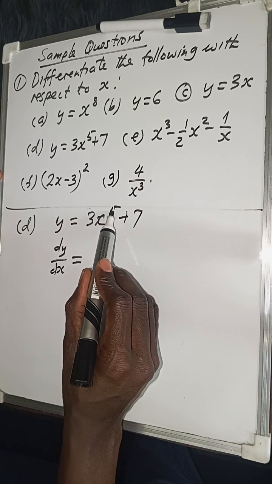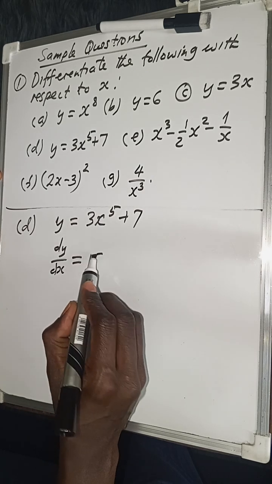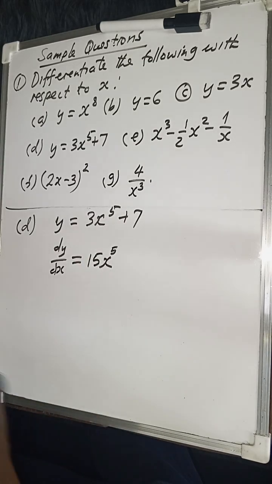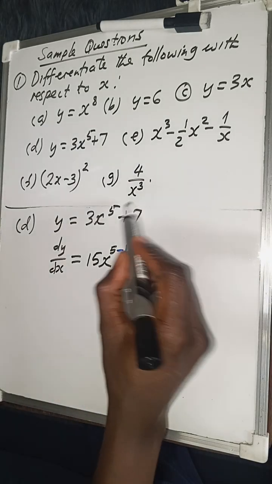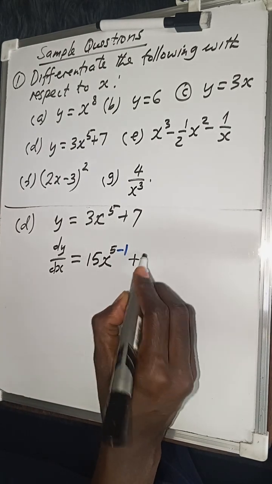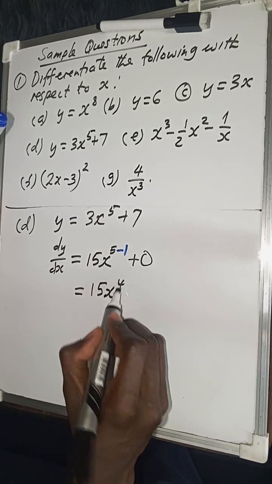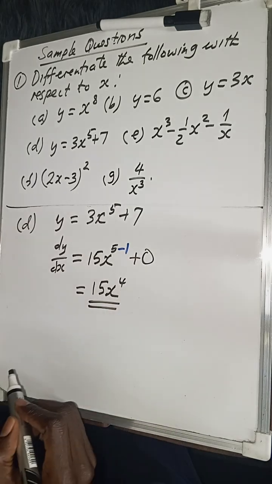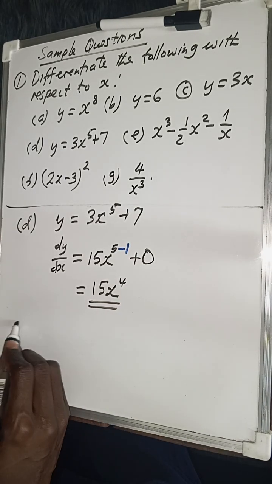It will be 5 times 3, which is going to give us 15. But remember, the index reduces by 1. The derivative of a constant is just 0. So therefore, we are going to have 15x raised to the power 4. That's what we mean there, because that would definitely give us a 0, so we can ignore the 0 there.